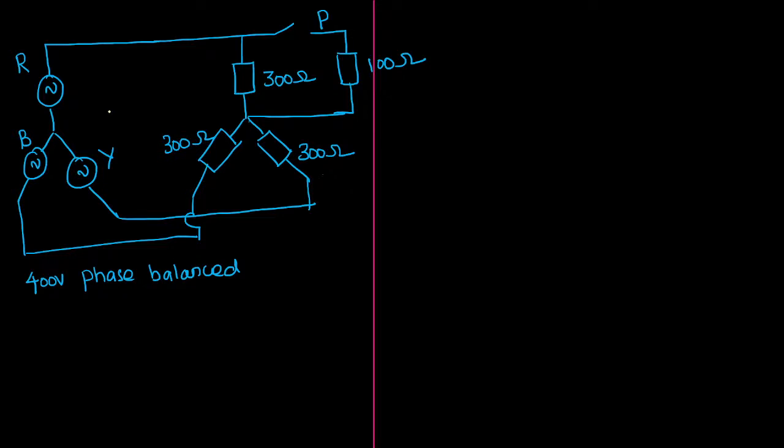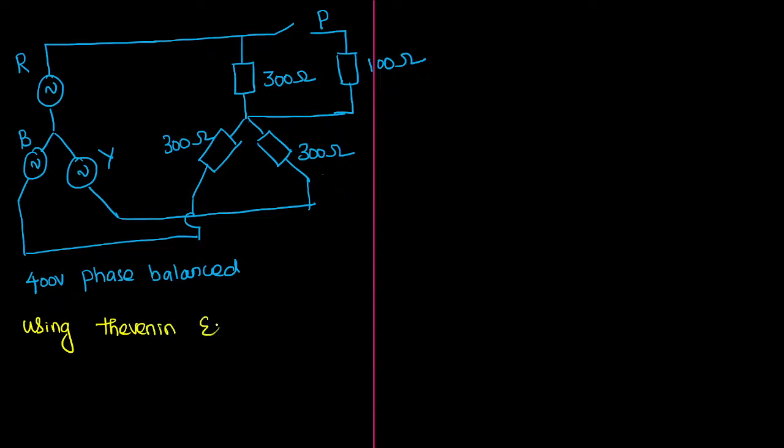This is the given question. I am reading the question first. The question is, using Thevenin equivalent circuit, determine the RMS value of the voltage across the 100 ohm resistor. Using Thevenin equivalent, you can use the concept of Thevenin.